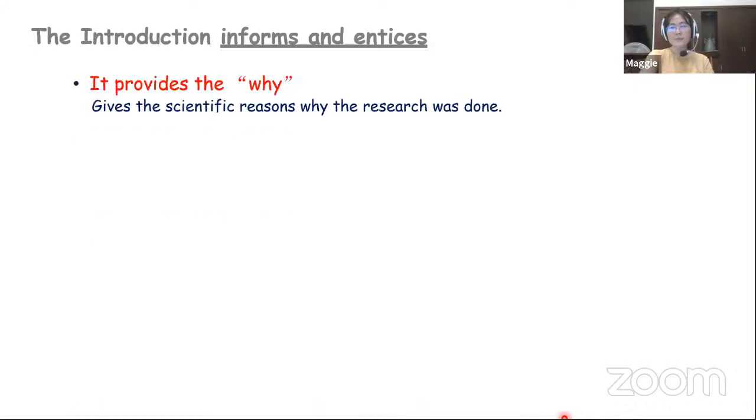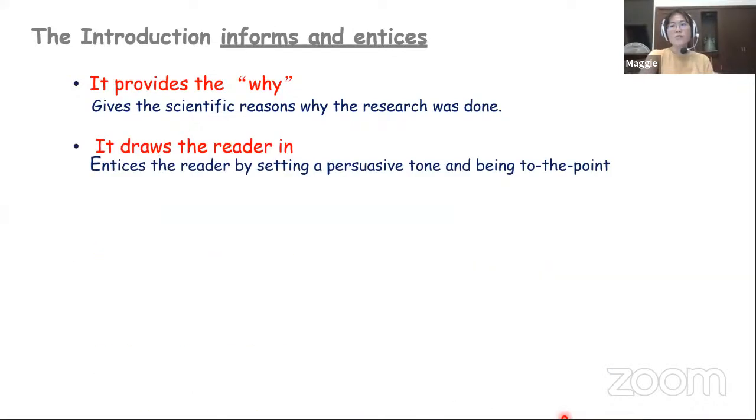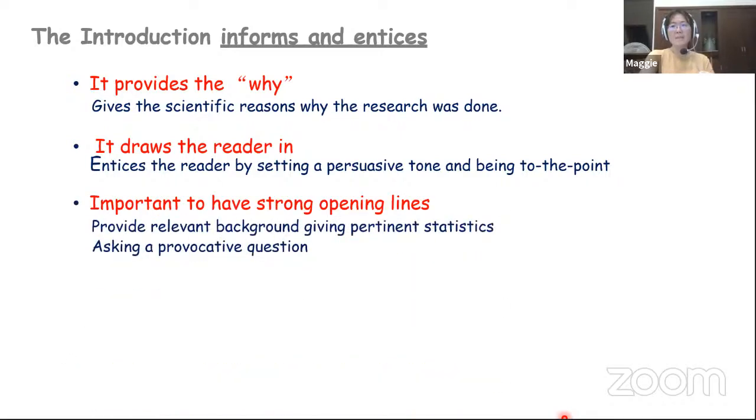And then for the introduction part, it provides the reason why you decide on this study, why you do this experiment. So it draws in the readers, entices the readers by setting a persuasive tone and being to the point. It's important to have strong opening lines.